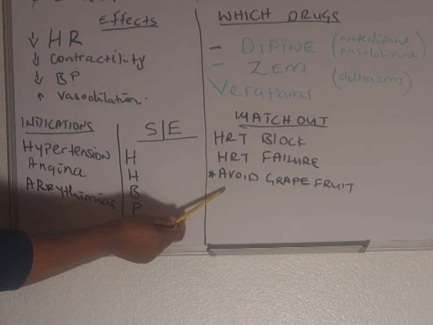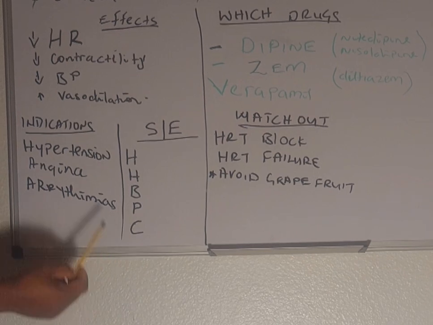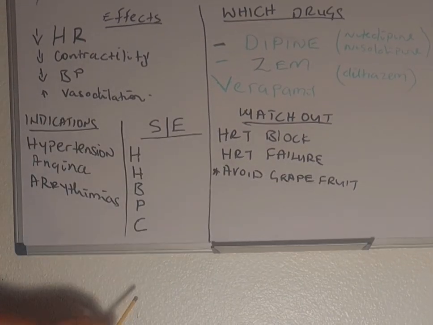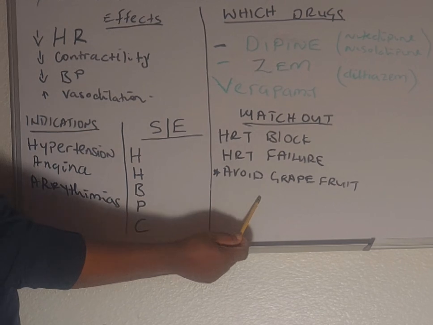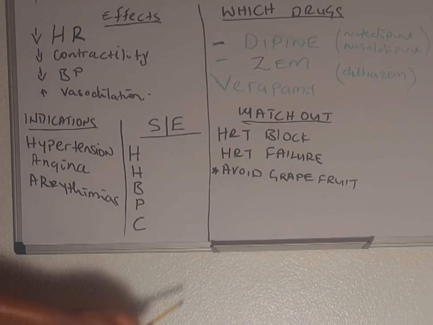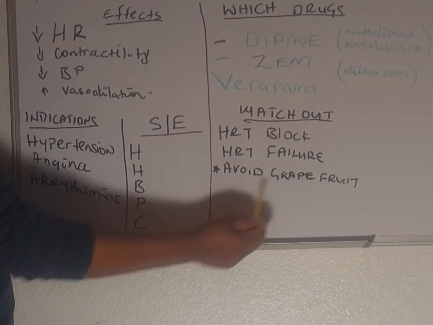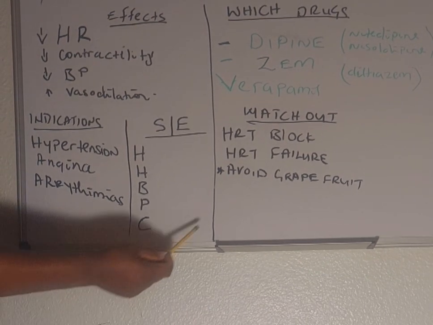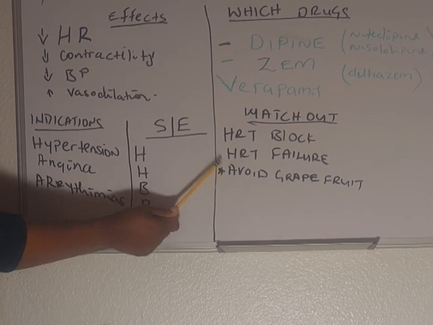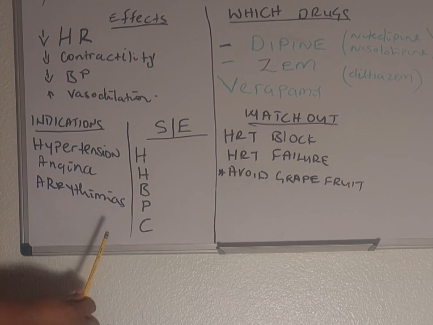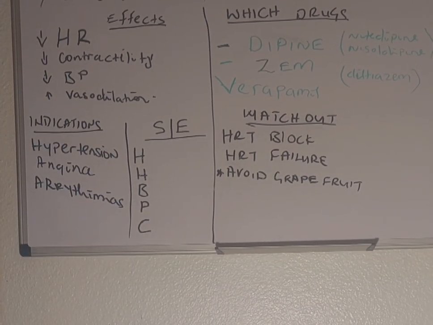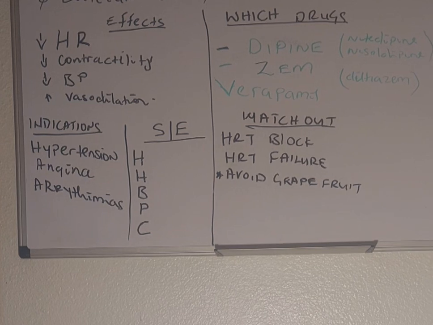So once it's inhibited by the grapefruit, there's going to be a high concentration of these drugs in the blood vessels. Once there is a high concentration of these drugs, there's going to be an increased risk for toxicity. So this aspect is one of the most important things that we need to understand, that we need to avoid grapefruit when a patient is taking calcium channel blockers.